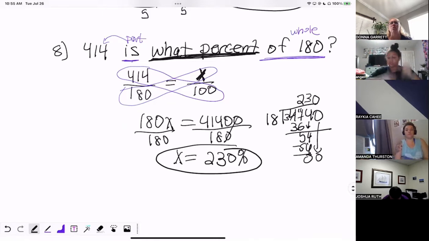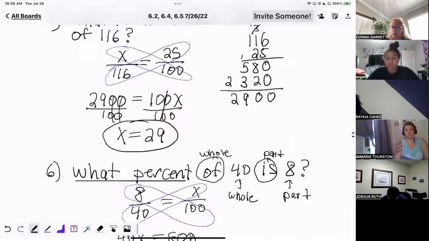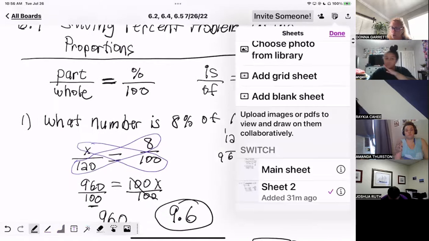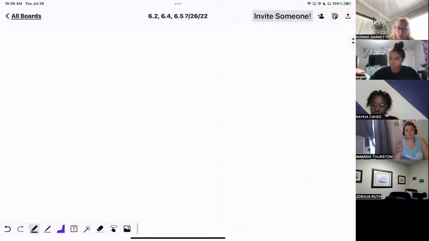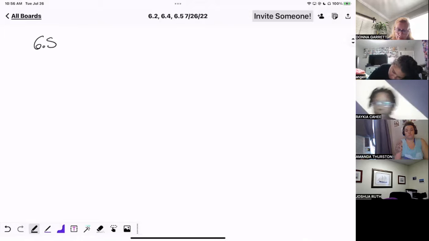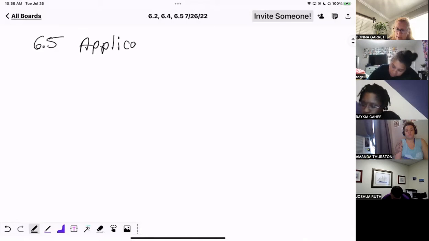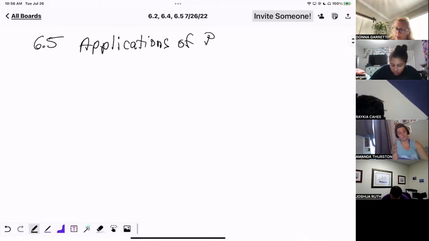Fractions and percents are all part of life, especially in word problems, and this is what we're going to do. I can't believe I'm saying this is our last section. So 6.5, applications of percents.